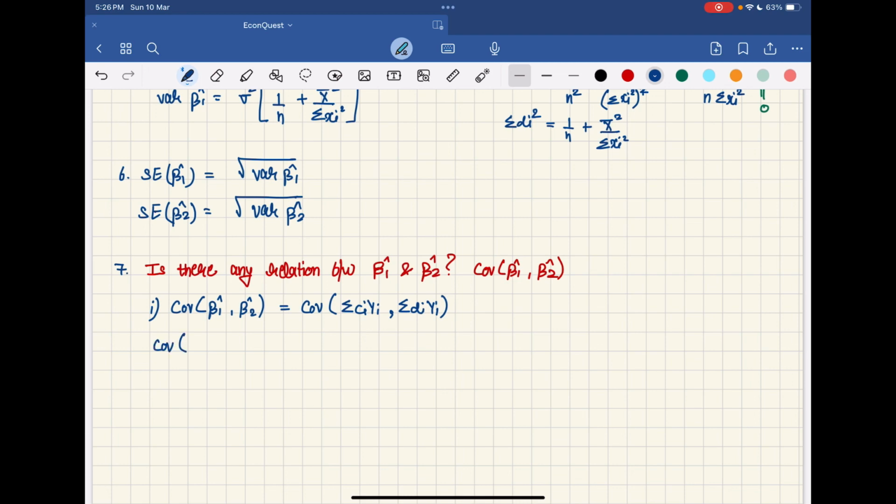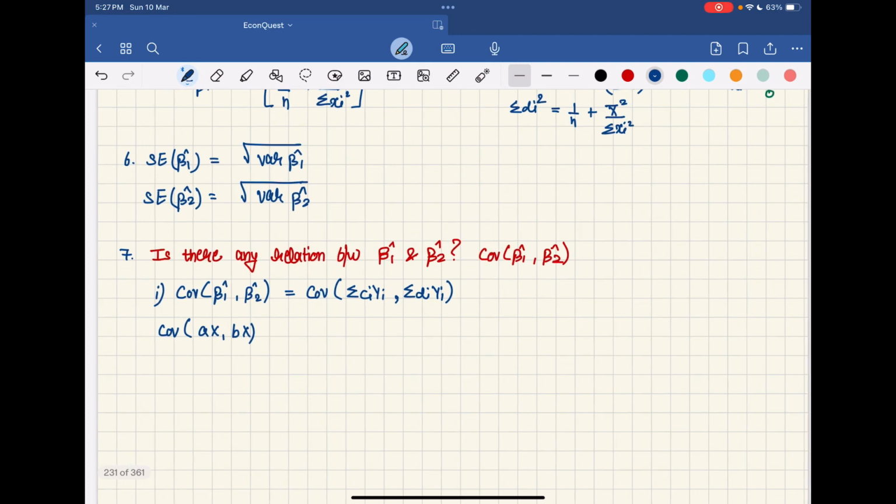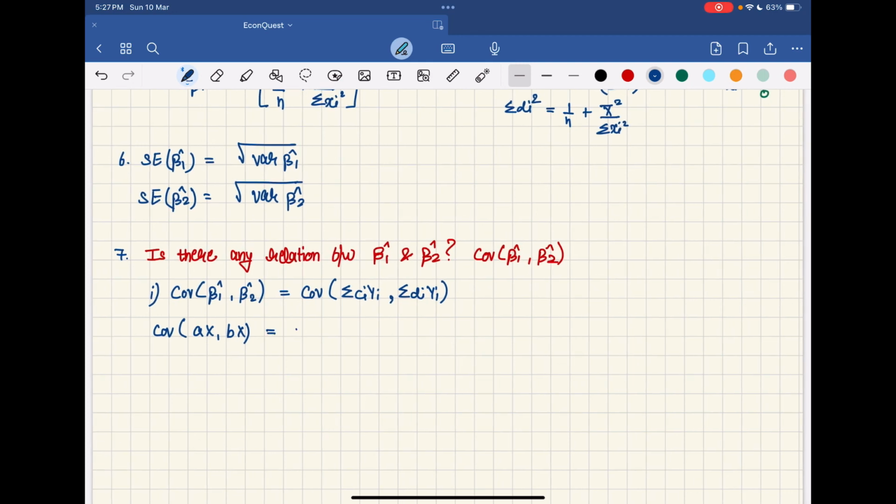It is equal to covariance between ax and bx, which is equal to variance of x times ab.